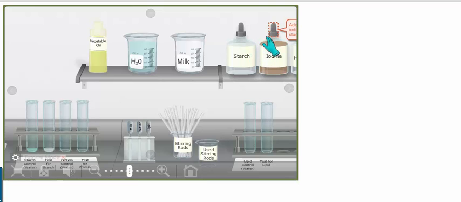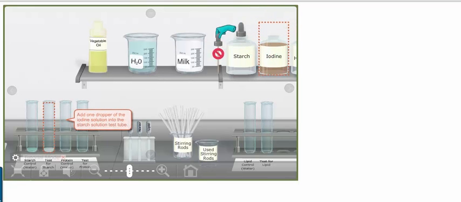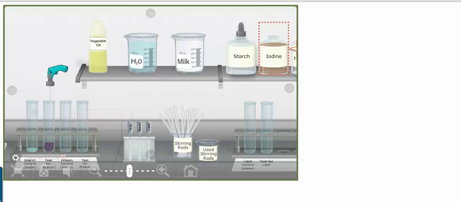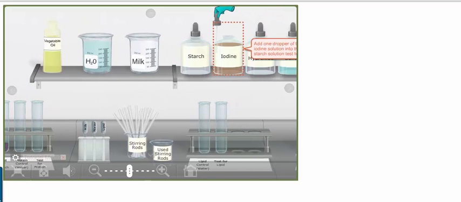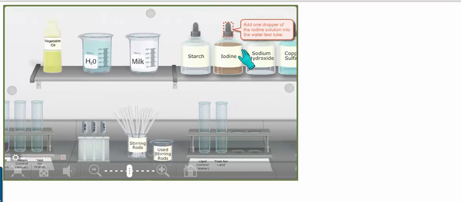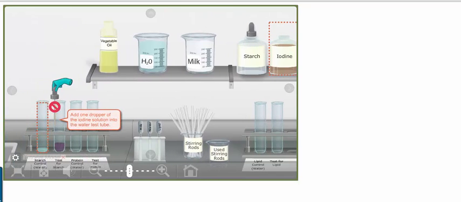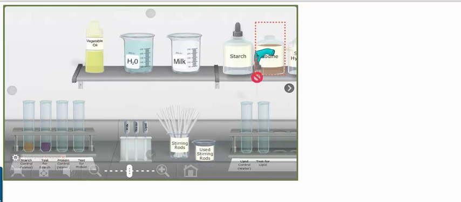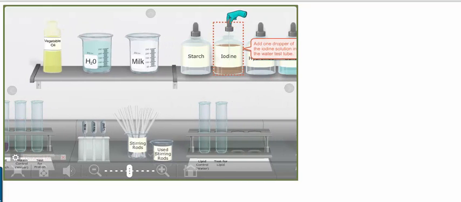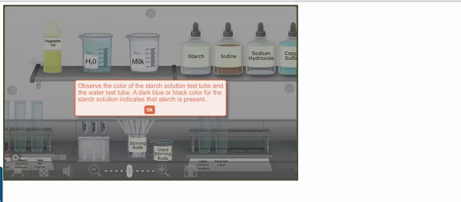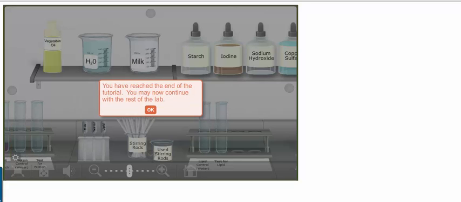Add 1 dropper of the iodine solution into the starch solution test tube. Add 1 dropper of the iodine solution into the water test tube. Observe the color of the starch solution test tube and the water test tube. A dark blue or black color for the starch solution indicates that starch is present. You have reached the end of the tutorial.